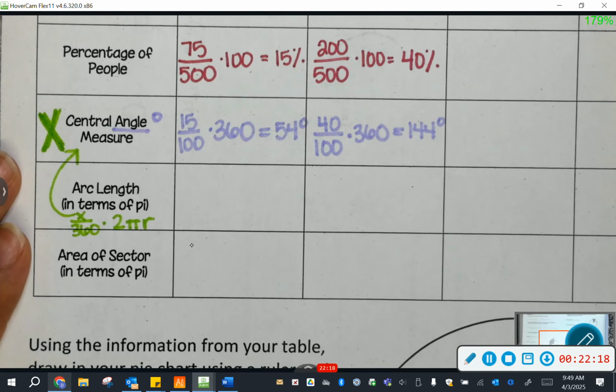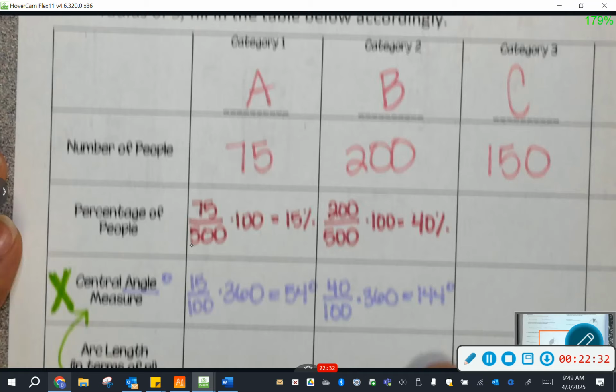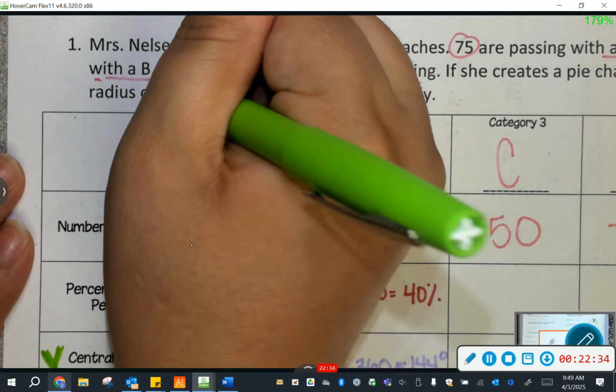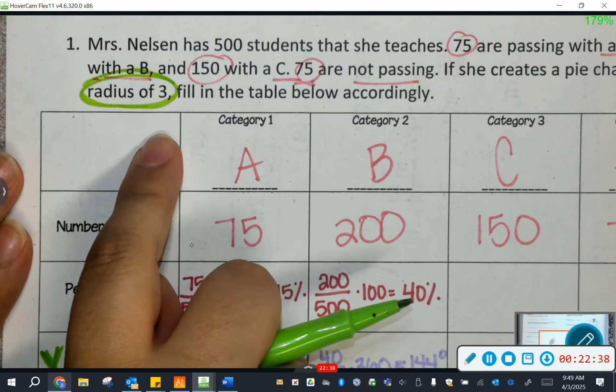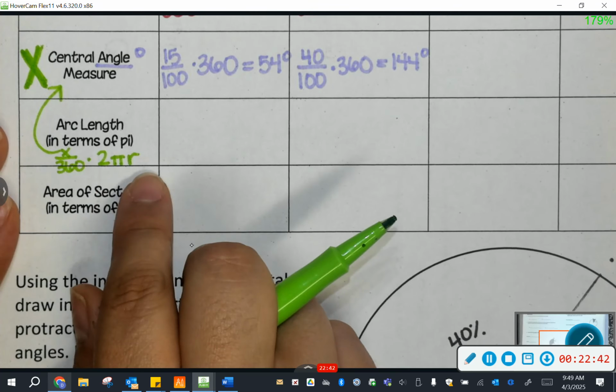What about my r? What does r stand for? Radius. What is my radius? Read the top. It told us at the top. What did it tell us the radius was? It said it has a radius of 3. So for all of these, what's my r going to be?